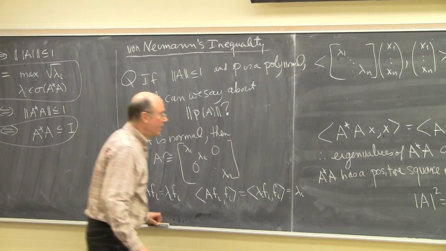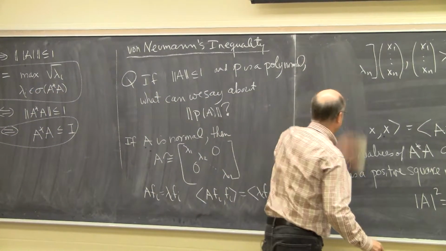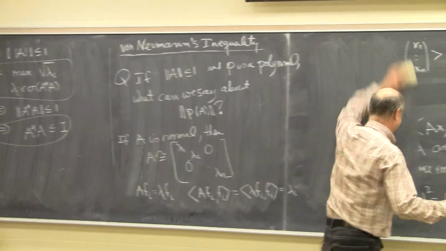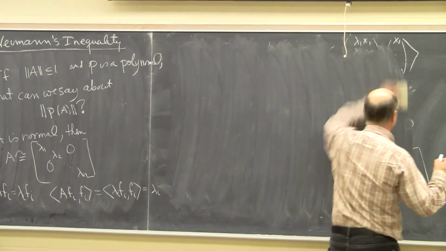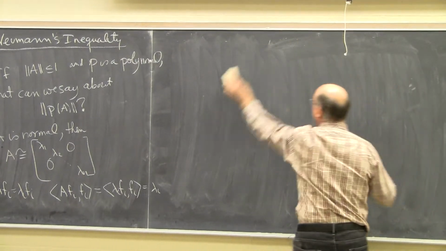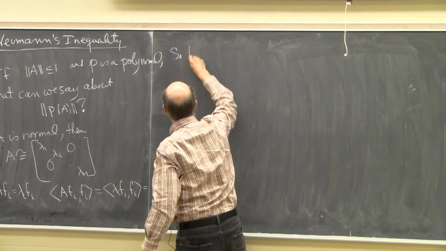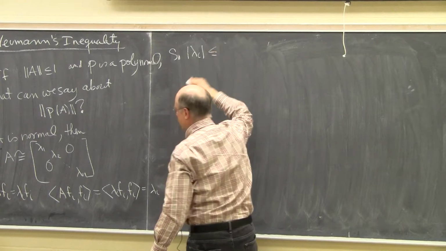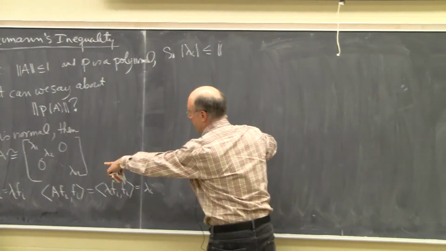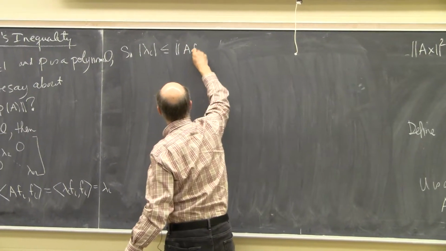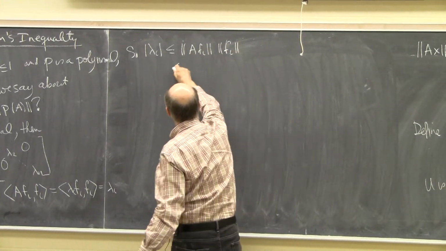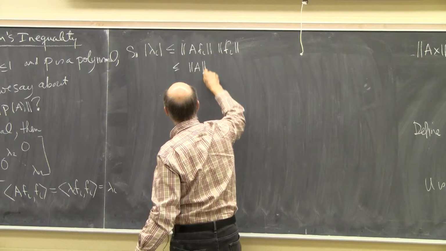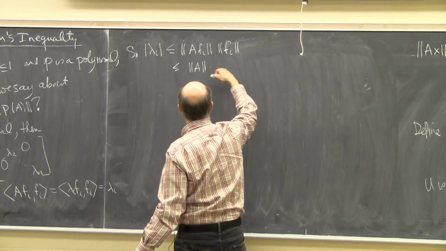And that tells you that lambda_i can't be too big. The absolute value of lambda_i is less than or equal to, by Cauchy-Schwarz, the norm of A f_i times the norm of f_i, which is less than or equal to the norm of A times 1 times 1.